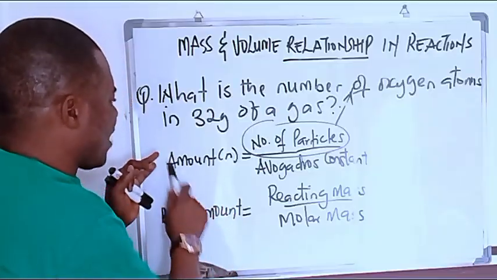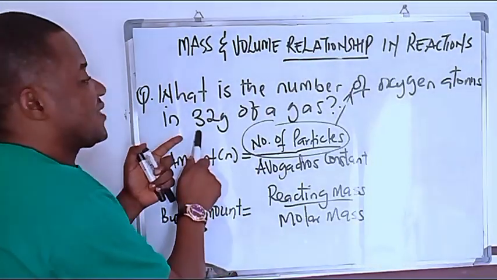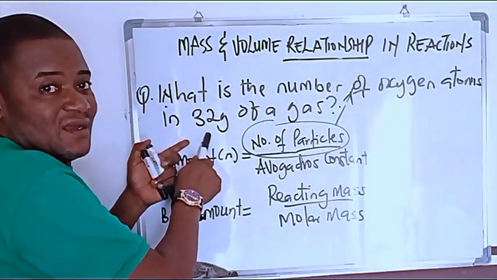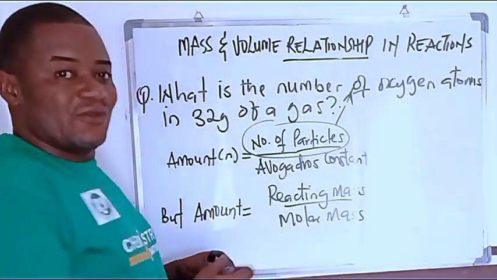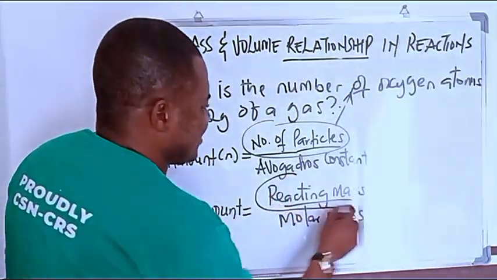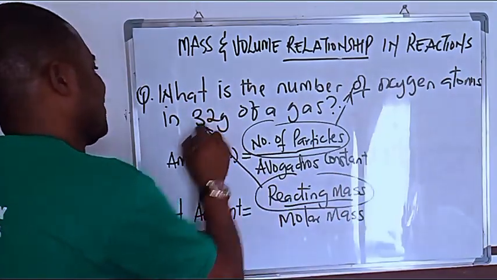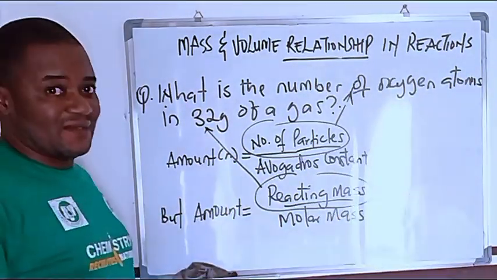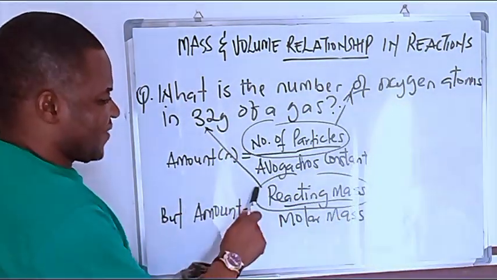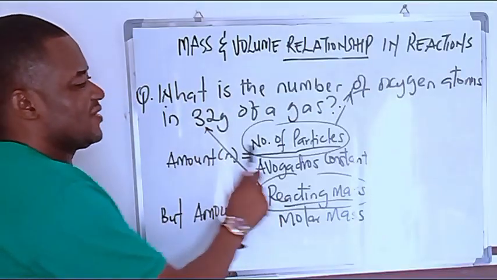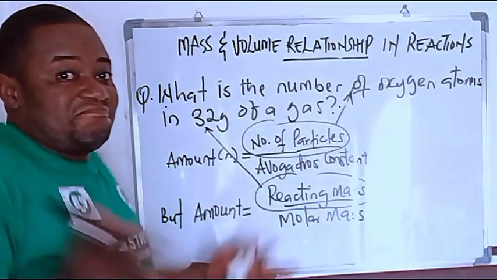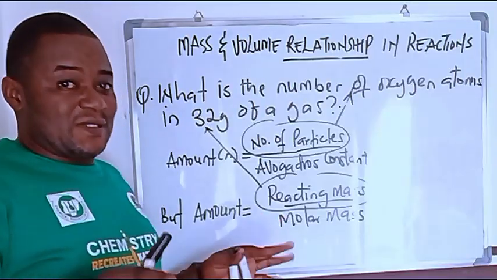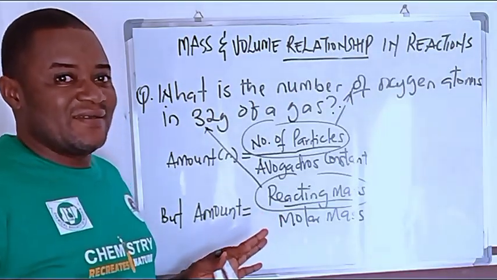So we have to look for amount to be able to utilize the 32 grams given to us. And amount is reacting mass over molar mass. Do not forget that this reacting mass is the given mass. The number of particles is the number of oxygen atoms. Simple. Just that way and nothing more.